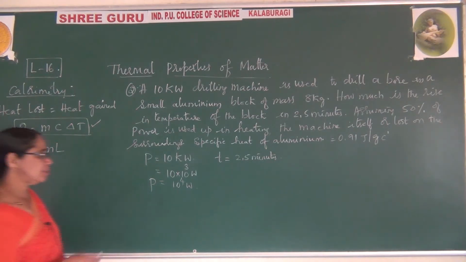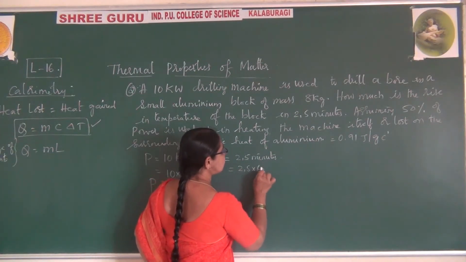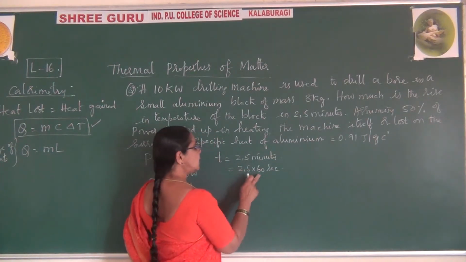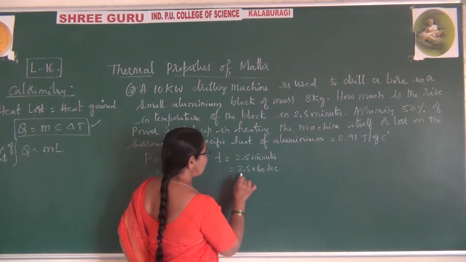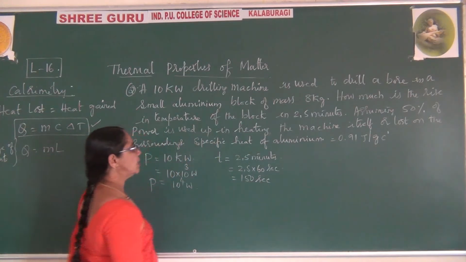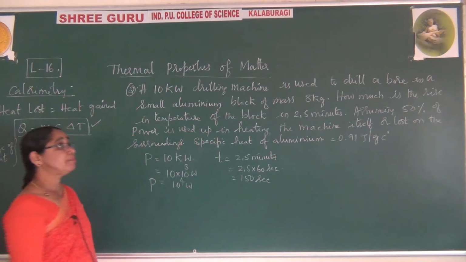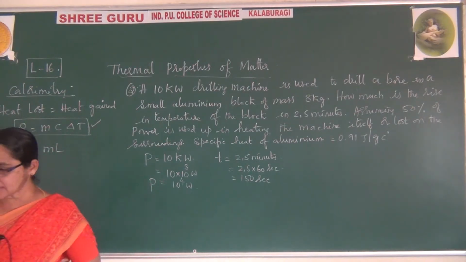So you write this as 2.5 into 60 seconds, which is 150 seconds. So now you have converted the time interval in seconds. The second step: what is the mass? Mass is given as 8 kg.